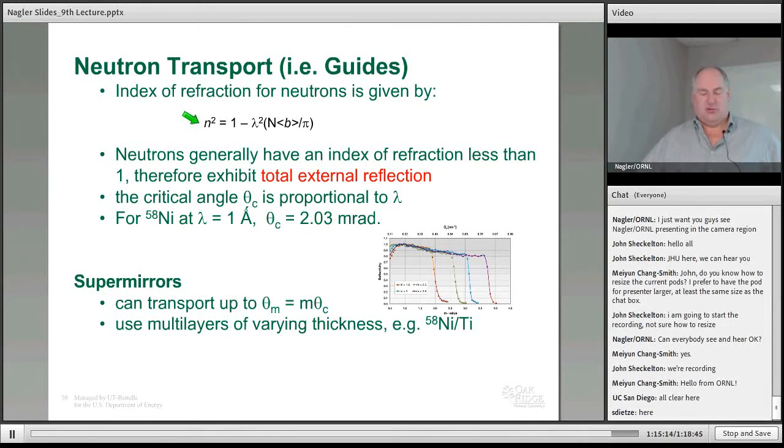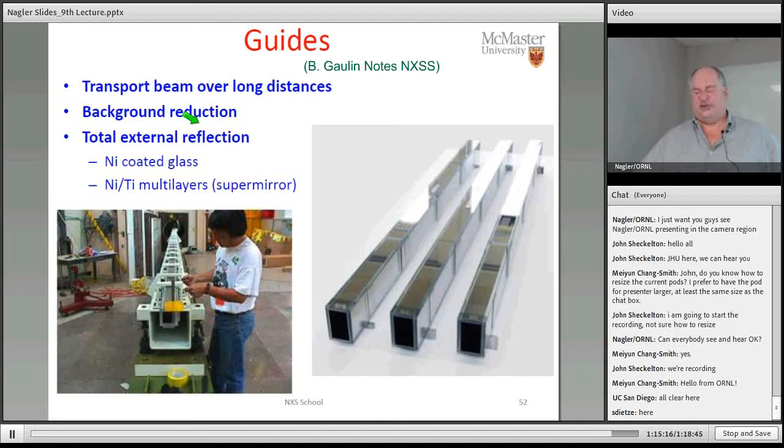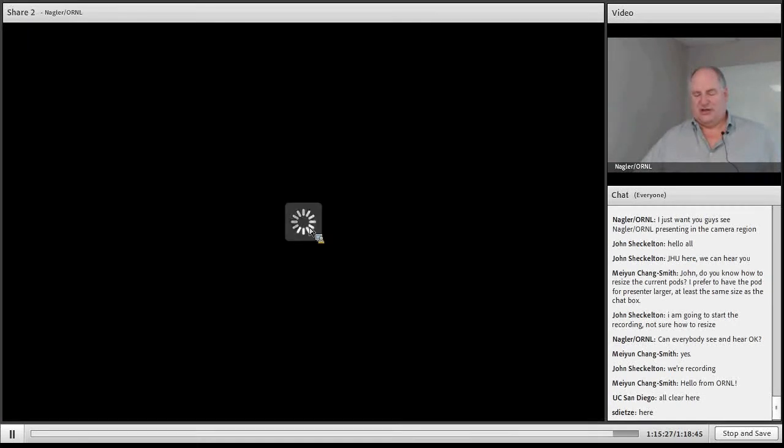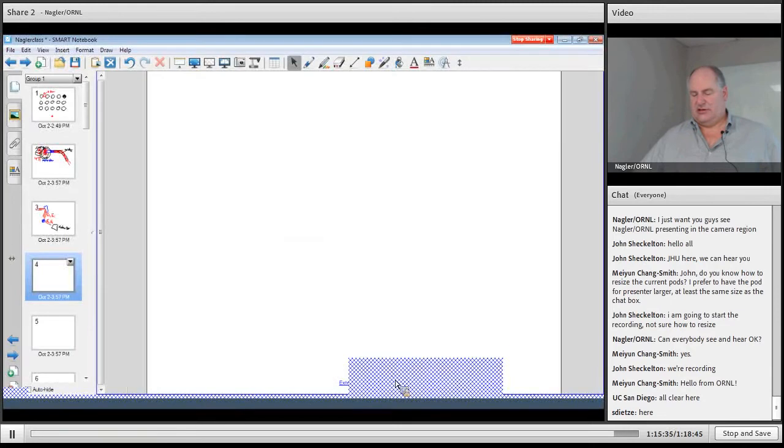Now, what is more common these days are not just simple guides, but so-called supermirrors. And I'm going to make a quick illustration of what a supermirror is. So basically, instead of using just one single layer of a coating of something, I imagine that I make a multilayer, right?